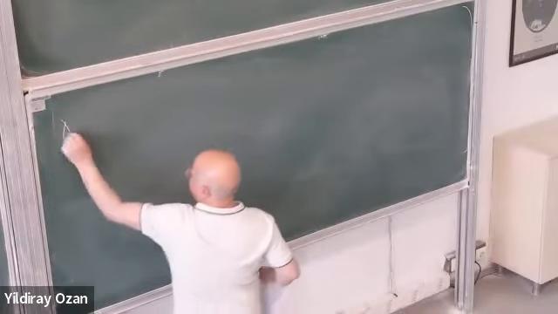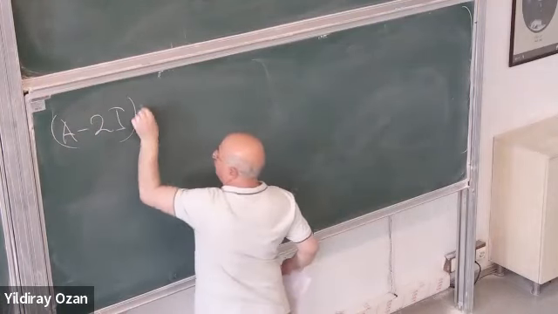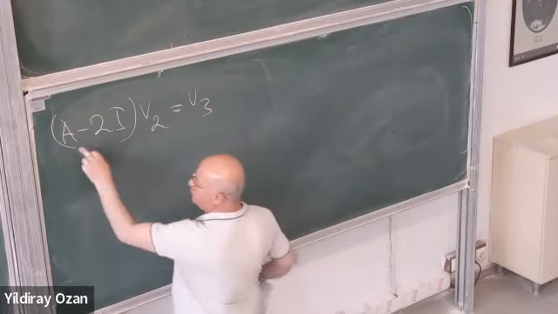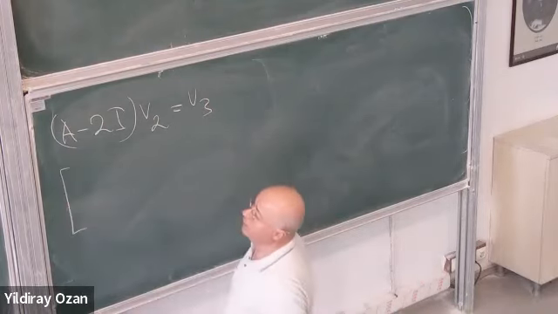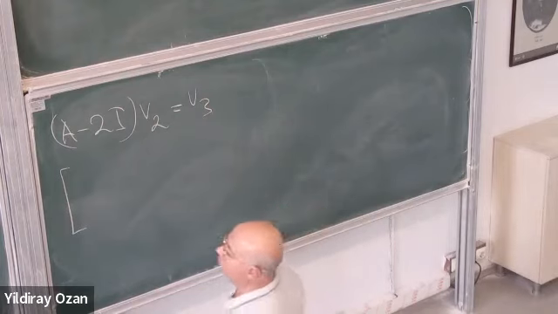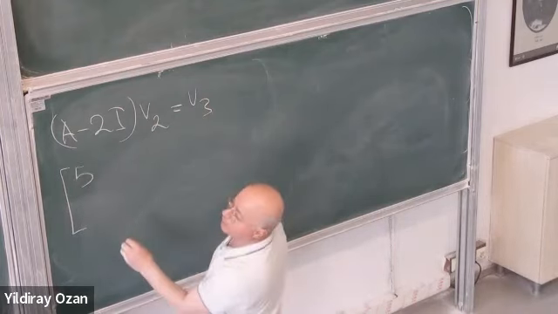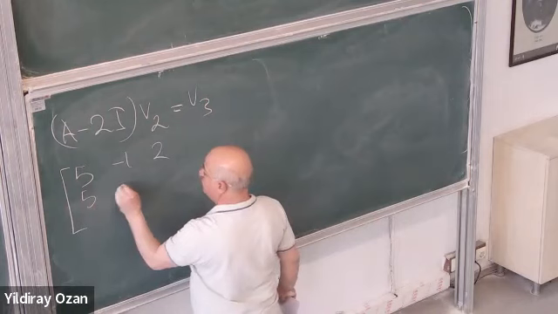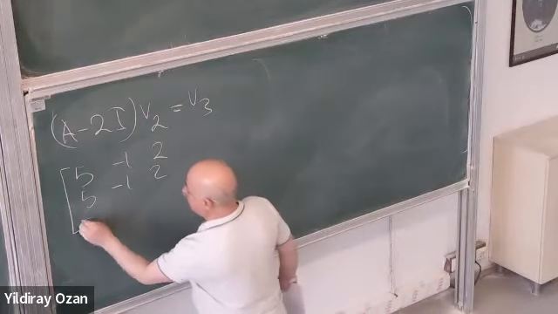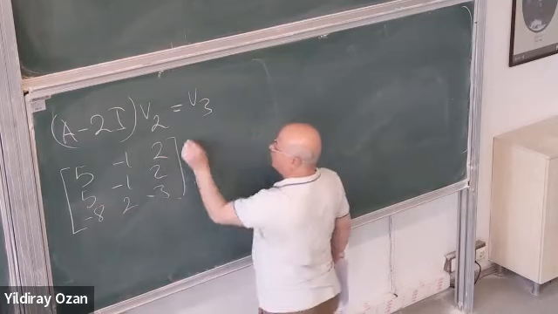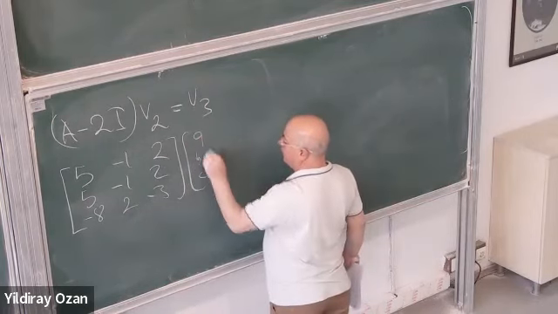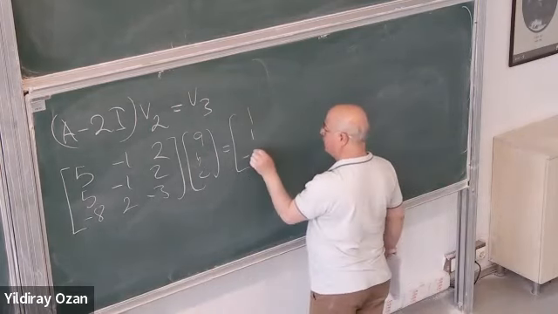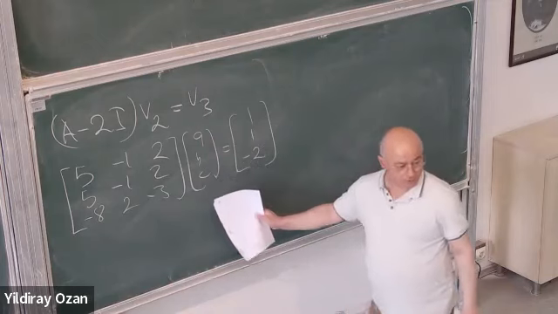So, A minus 2 times identity, times B2, is B2. Okay, now, what is A minus 2 times identity? That was 5 eksi 1, 2, eksi 8, 2, eksi 3, ve 2, ona da ABC diyelim. Ve 3'ü bulduk: 1, eksi 2. Now we have to solve this.